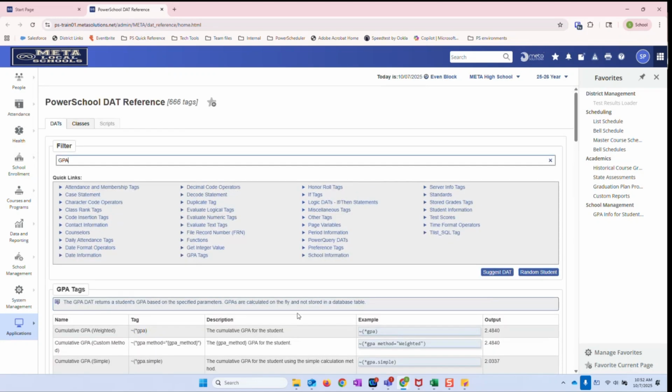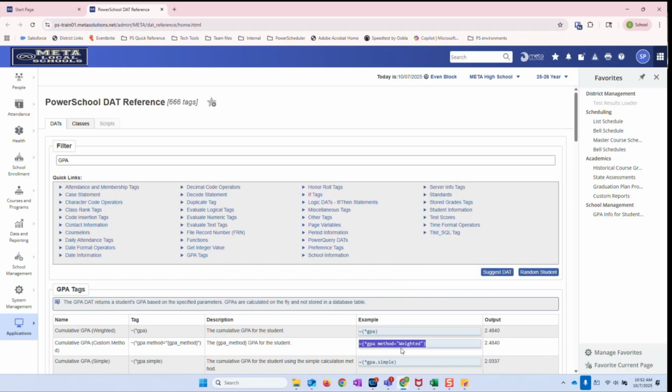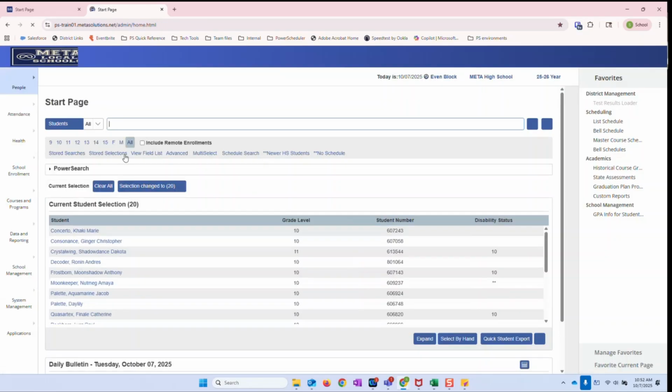So I happen to know in this example, they used the GPA called weighted, but I'm going to use that just as a copy paste sort of thing to come back here and show you two ways that you might make a list of students and their current grade point averages.